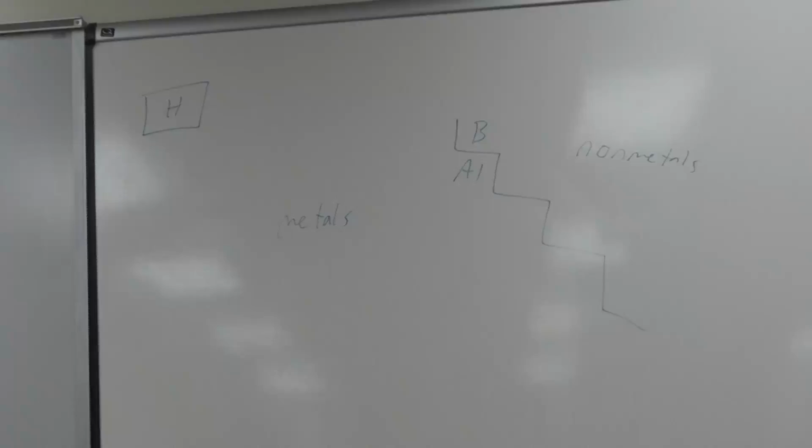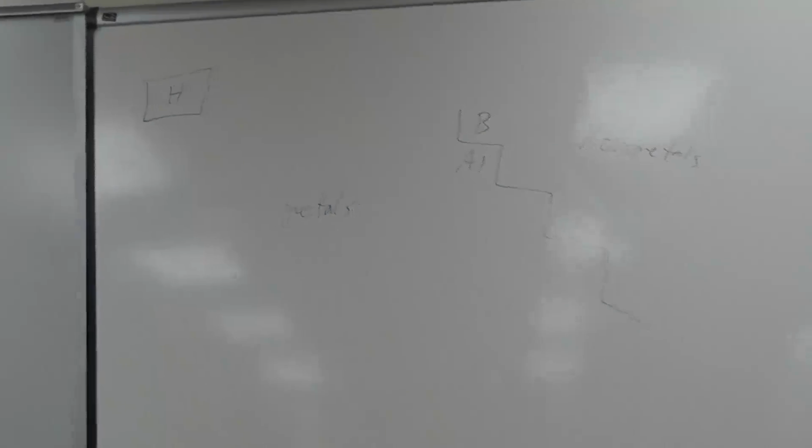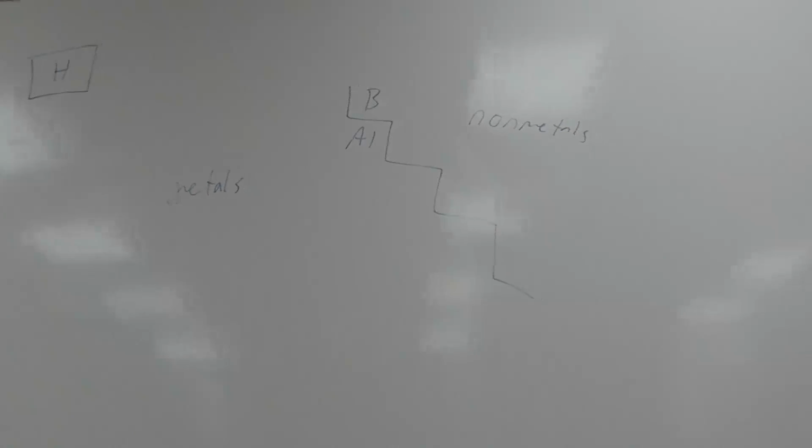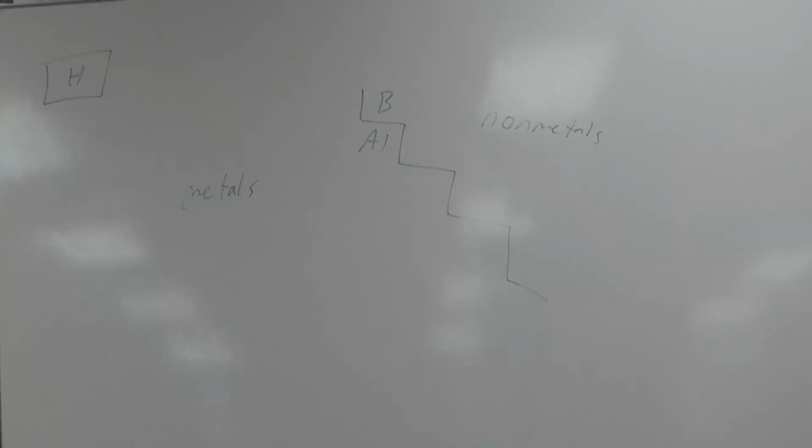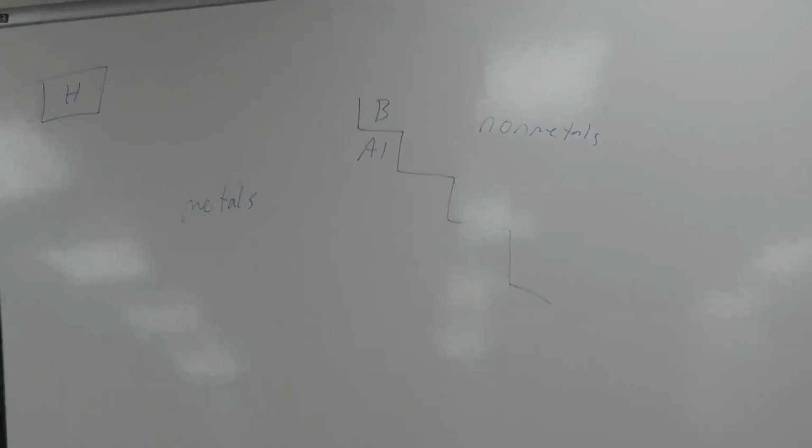Because hydrogen's an exception to most things. So hydrogen, even though it's over to the left, it really is a non-metal, and as much as it fits properties, to whatever degree it fits the non-metal patterns best.